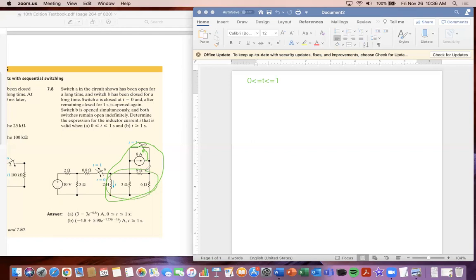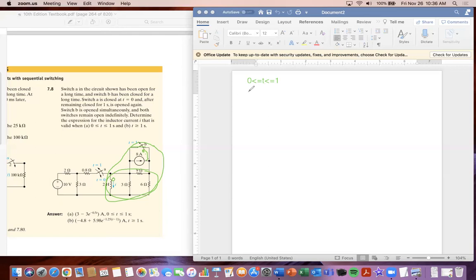So there's going to be 0 current going through here, because all the current is going up through this short circuit. What I can say is between 0 and 1 second, I is 0 for this.